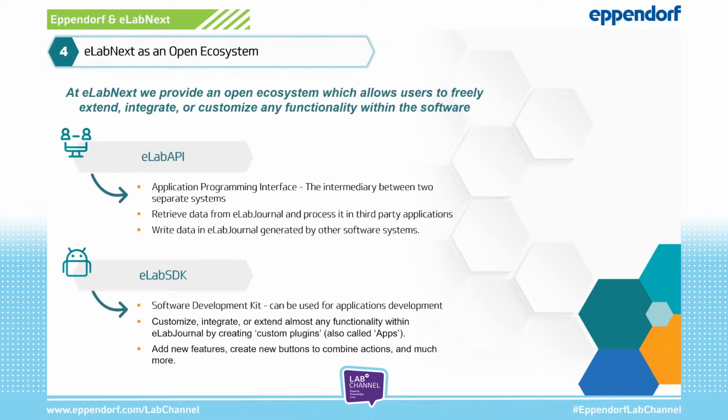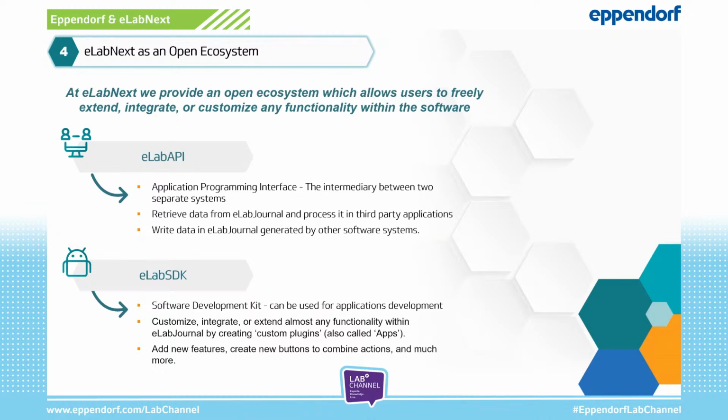So this is an application programming interface. The APIs allow you to retrieve data from eLab Journal to process in third-party applications or write data generated by other software systems to eLab Journal. So it works basically as a communicator between two softwares, and as I said before, can be tested also during the trial. If you're interested, you can also test it.